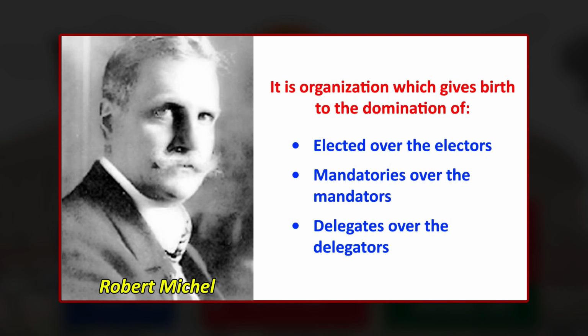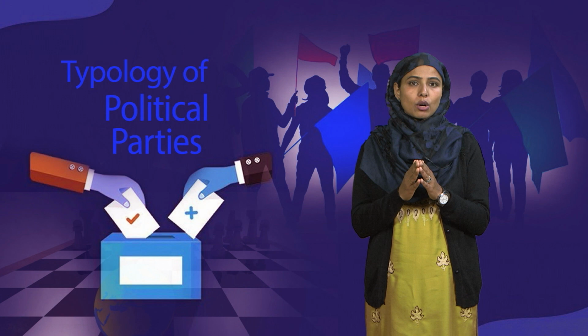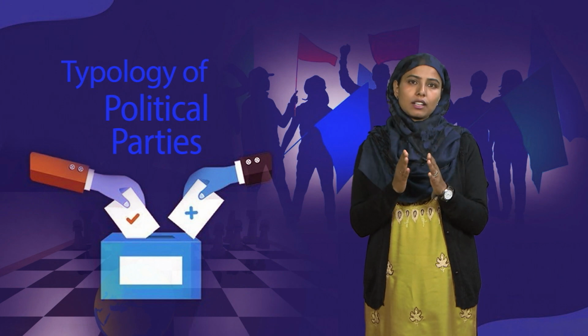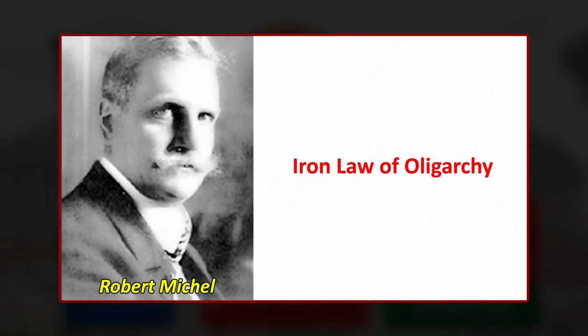It is the organization which gives birth to the domination of the elected over the electors, of the mandataries over the mandators, of the delegates over the delegators. Who says organization says oligarchy. Thus, Michels summed up his famous iron law of oligarchy.